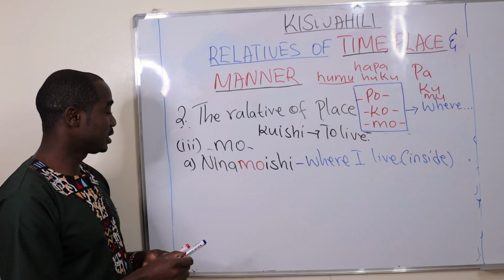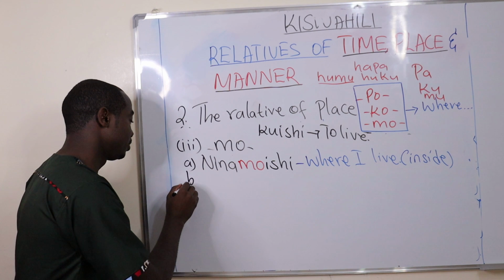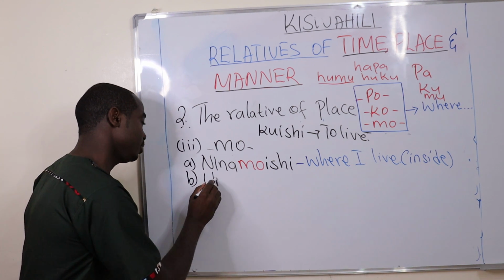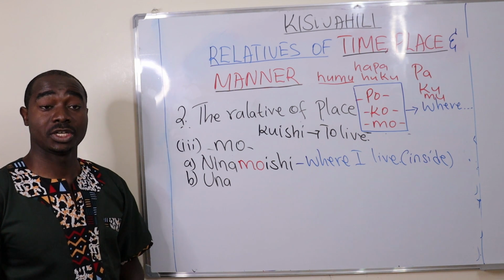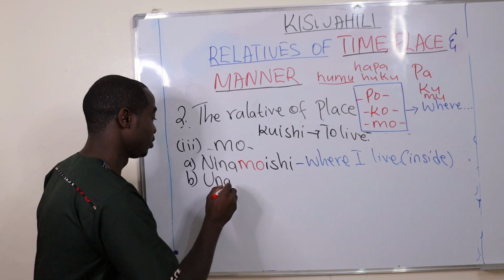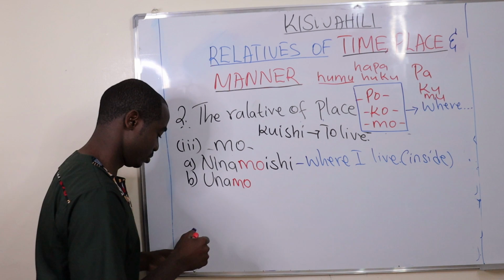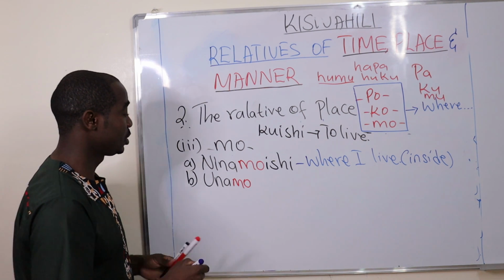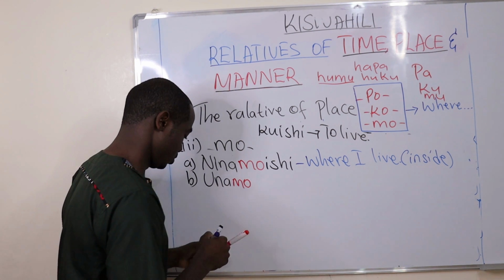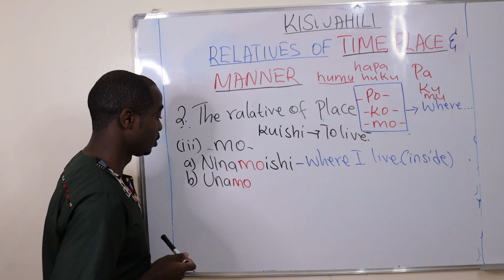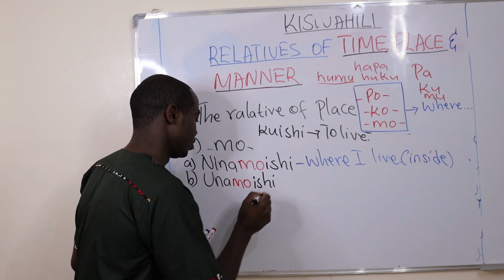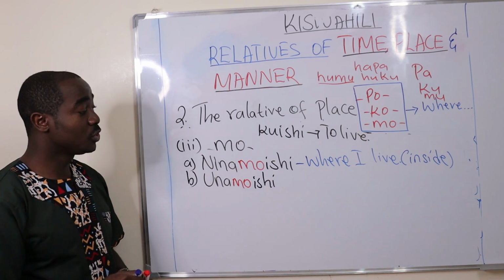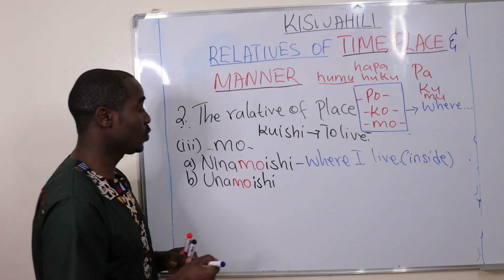Then another one. Ba. Unamoishi. Unamoishi here.